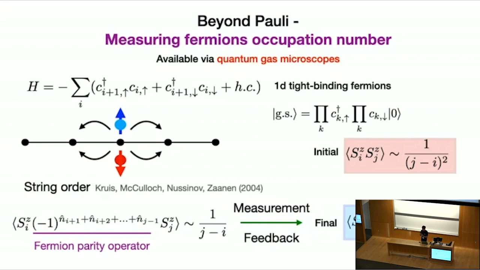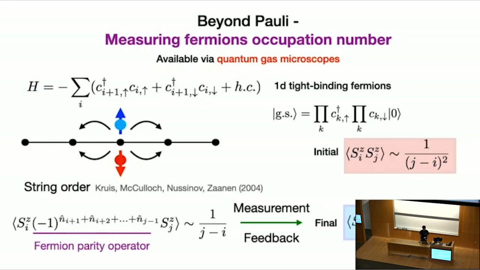I'm gonna skip all the details, but basically, if you start from this critical fermion state, if you first measure the fermion occupation number everywhere and apply some simple feedback, you can exactly convert the string order to a corresponding two-point function, where the two-point function has this 1/r decay.